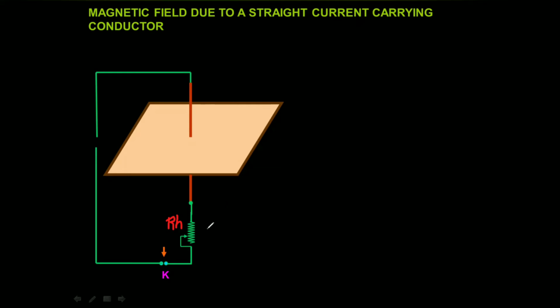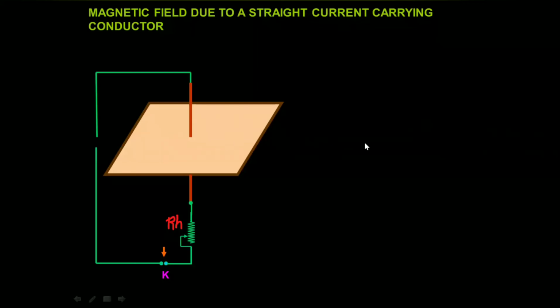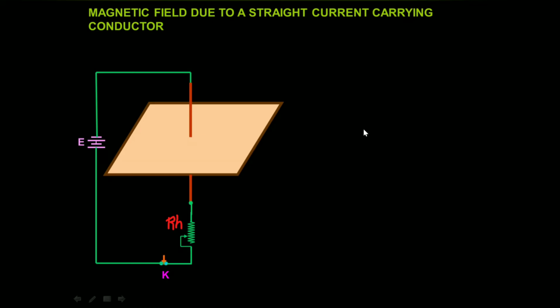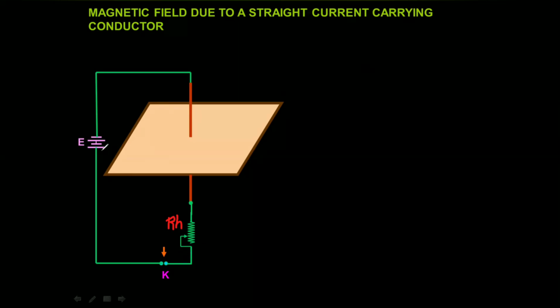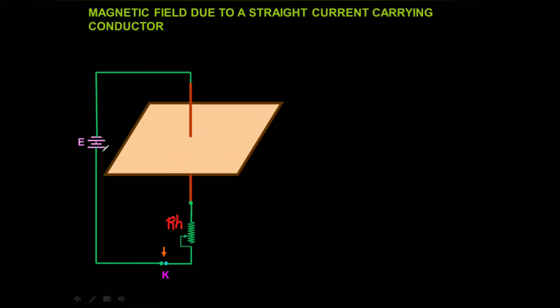Now this is called RH, and here is the plug key, and I can take the battery over here to pass the current. Here I consider the battery, which has a positive polarity and a negative polarity. Let me write the polarities here: this is the positive end, and here is the negative end, right?